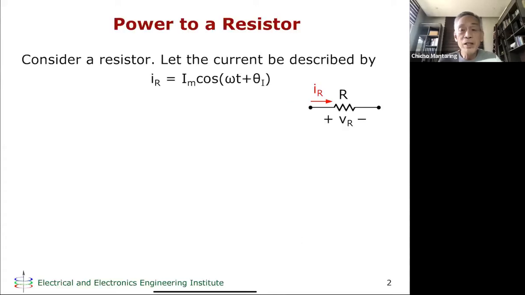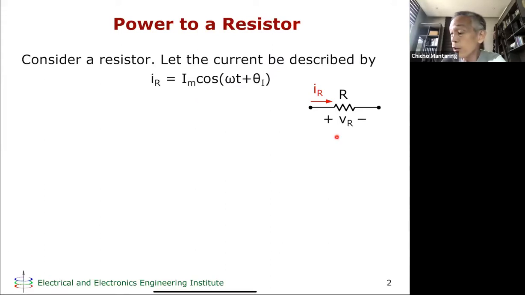Okay, let us first investigate what happens when an AC current is made to pass through the different passive elements. So we'll start with a resistor. So consider a resistor, this resistor, and let's assume that you have an AC current that is passing through the resistor.